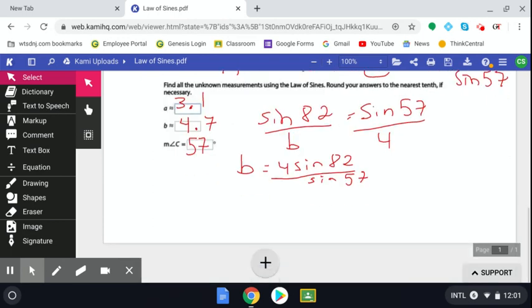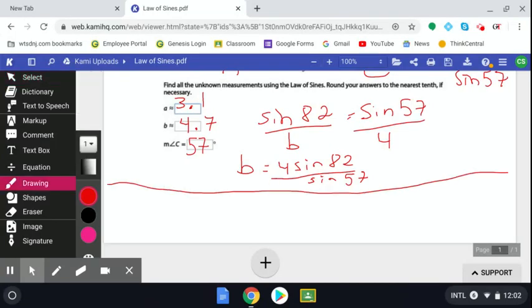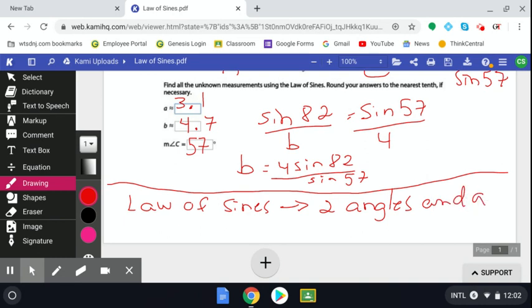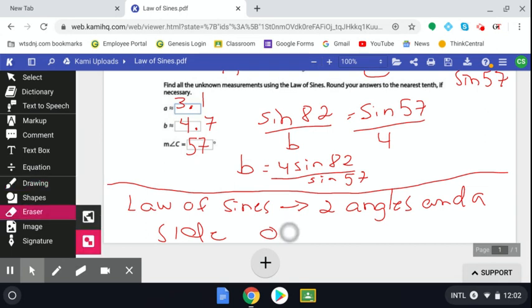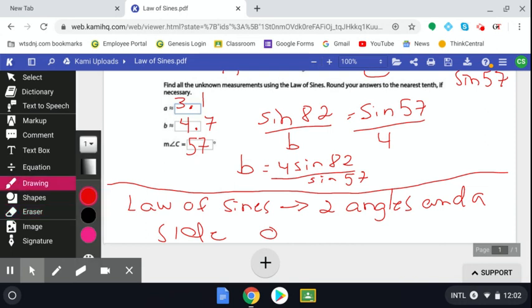One last thing I wanted to mention to you is that you will use the law of sines if you have two angles and a side, or if you have two sides and a non-included angle.